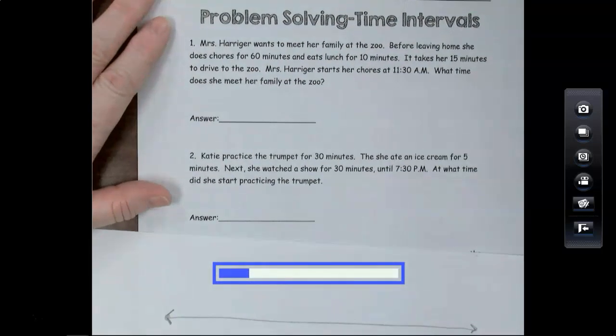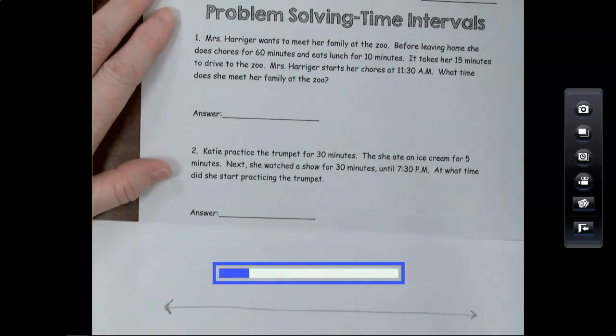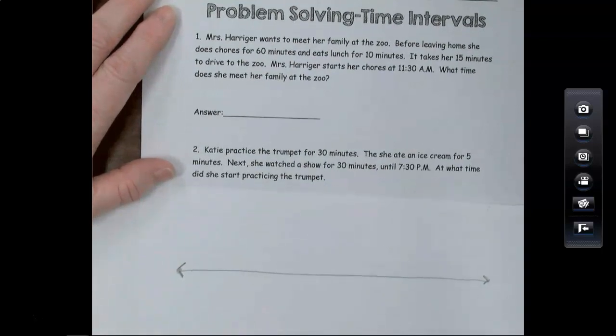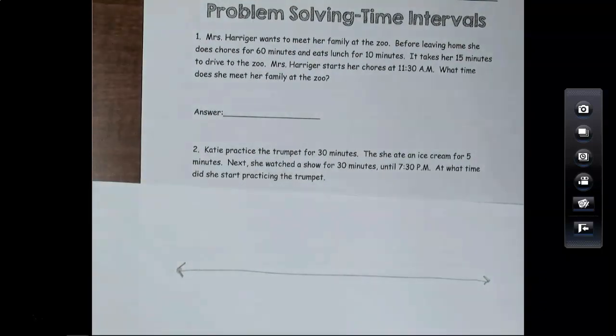It says, Mrs. Harriger wants to meet her family at the zoo. Before leaving, she does chores for 60 minutes. She eats lunch for 10 minutes. It takes her 15 minutes to drive to the zoo.